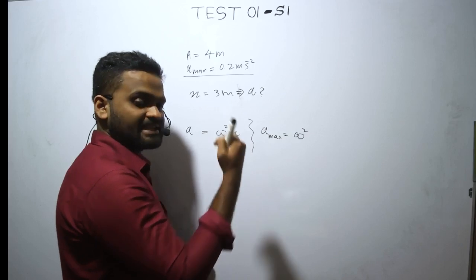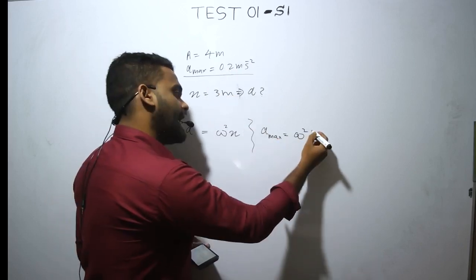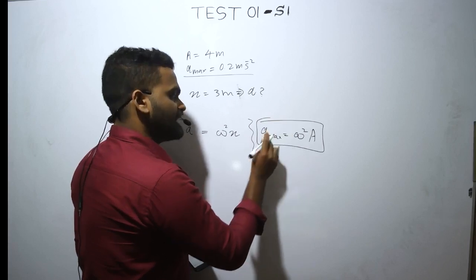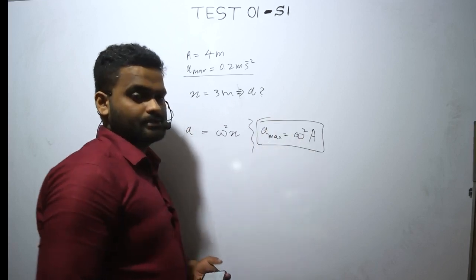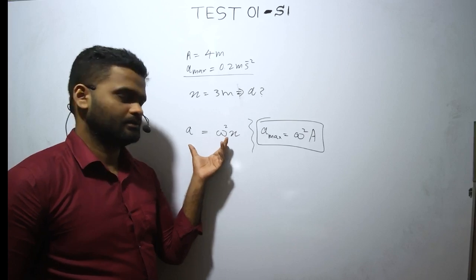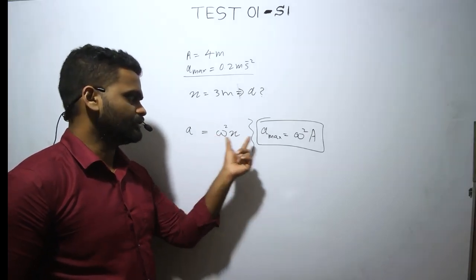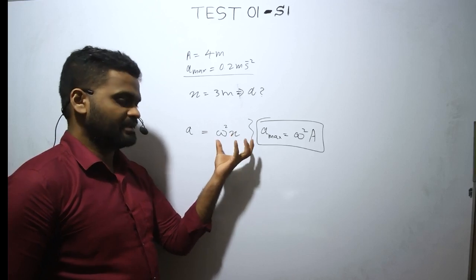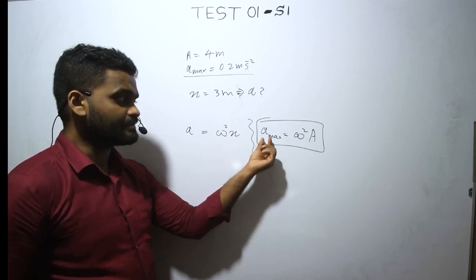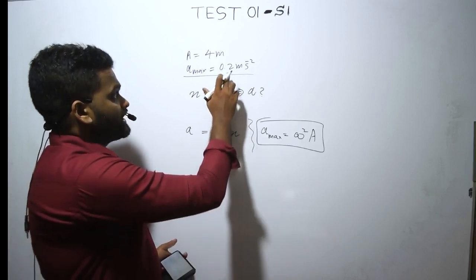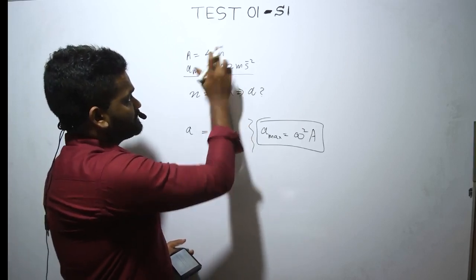X max means the maximum amount of displacement, which is amplitude, right? So for maximum acceleration, you have this equation. You need to remember that as well, right? You must remember this one, but if you remember this one, you can easily remember this. If x becomes capital A, then it is going to be the maximum acceleration, right?